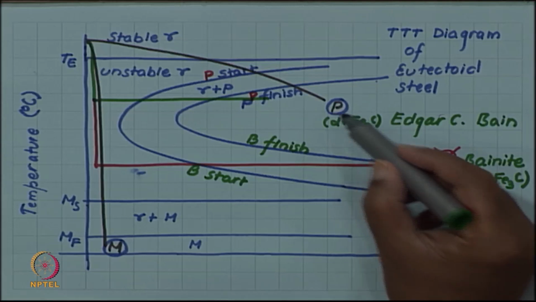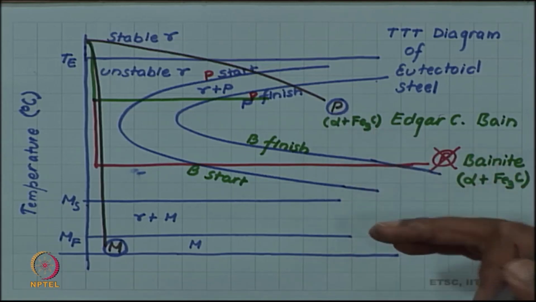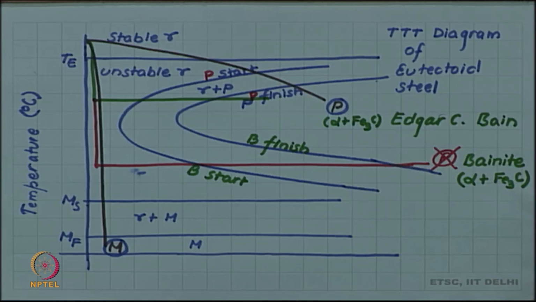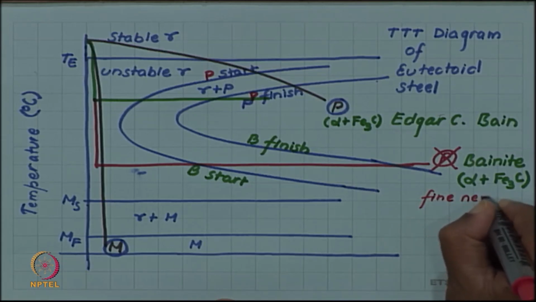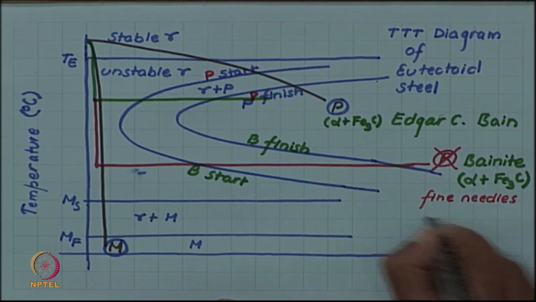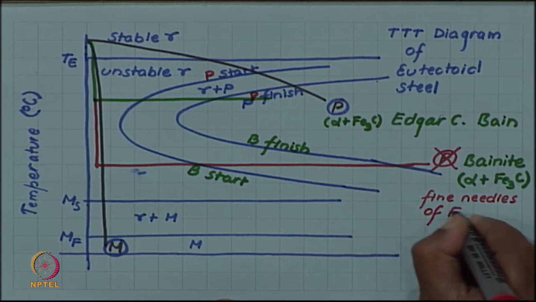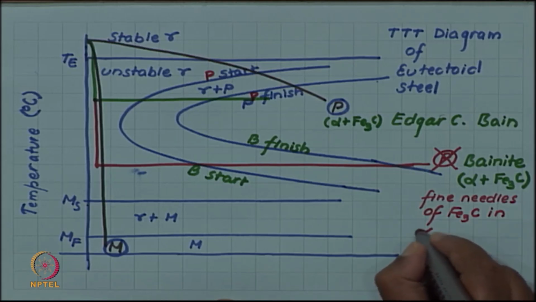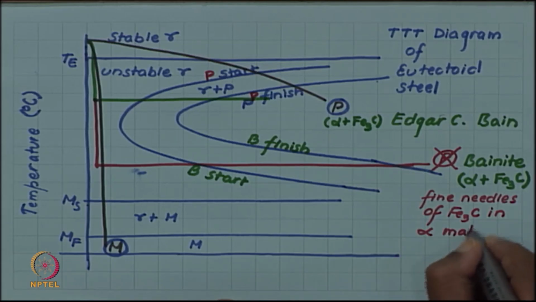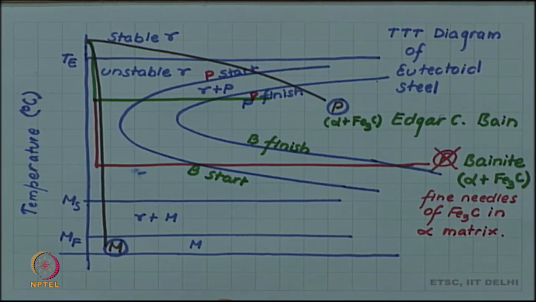We saw in pearlite, alpha and Fe3C formed like alternating plates, whereas in bainite that is not the case. In bainite we have very fine needles of Fe3C in alpha matrix. This is a simple description.